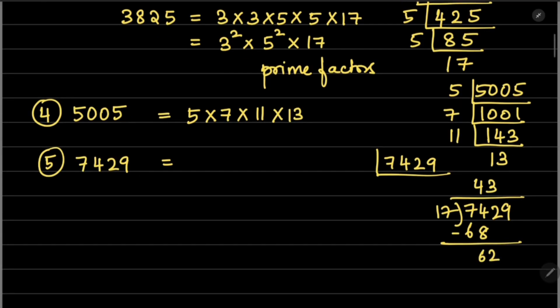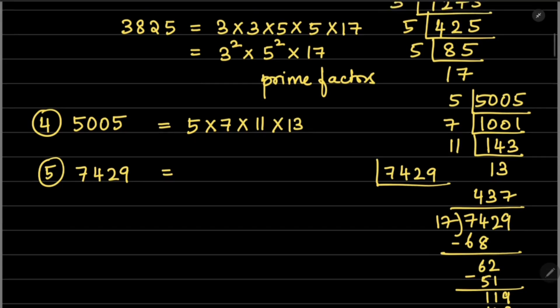So 3, 7s are 21, 1, 2, 5, 51. Then again you have 1, 1, and then 9. So it's 7. 7 sevens are 49. So it's okay. So when you divide 7429 by 17, what is it that you're getting?